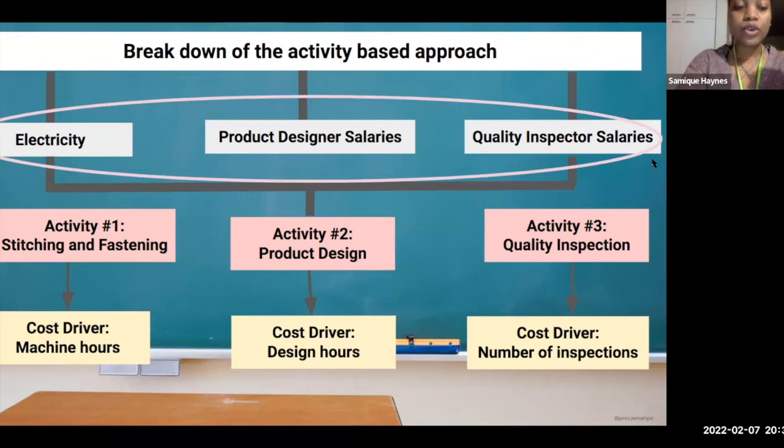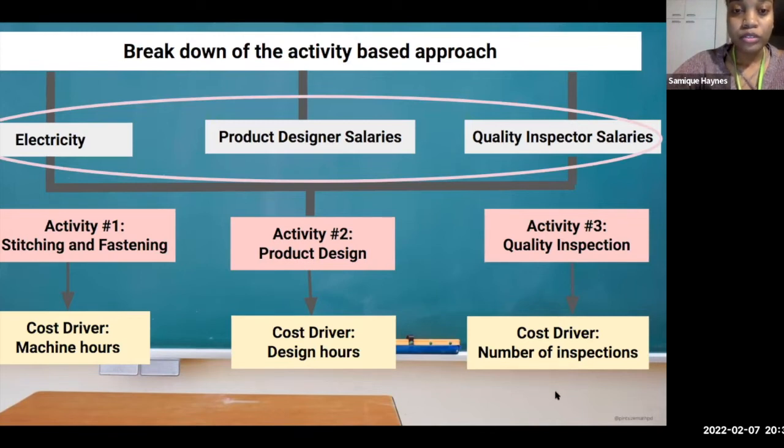So what's going to drive these costs up or down? The cost driver for the first one is machine hours. For product design, we use design hours to drive those costs. And for quality inspection, we use the number of inspections to drive those costs.